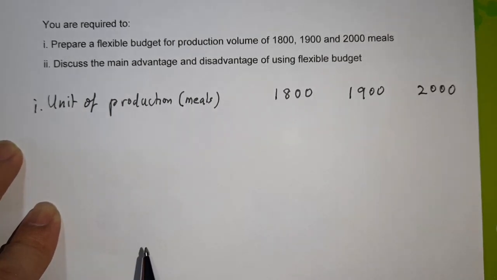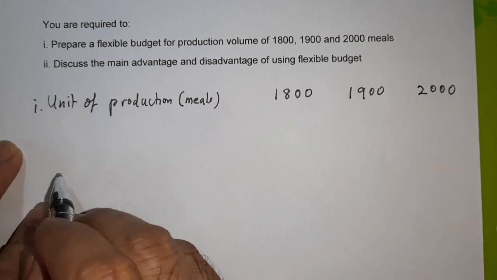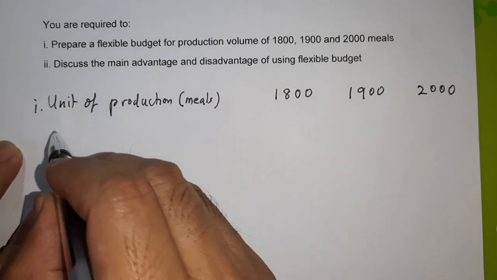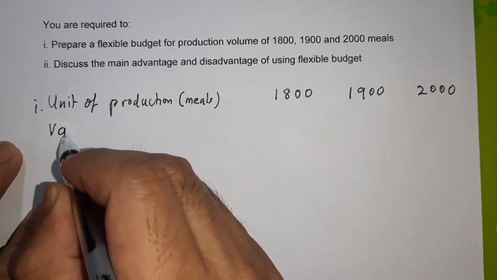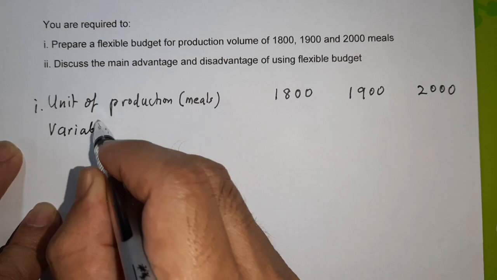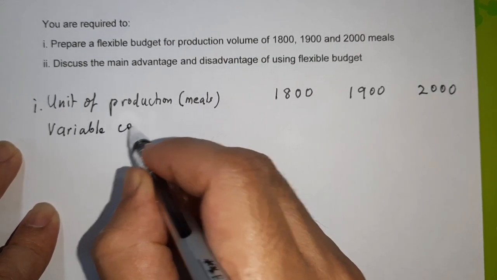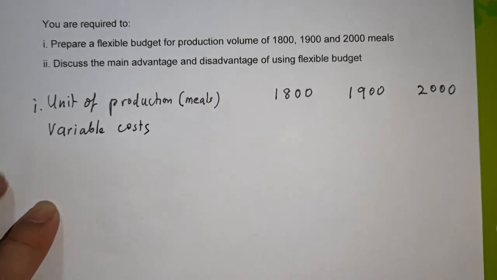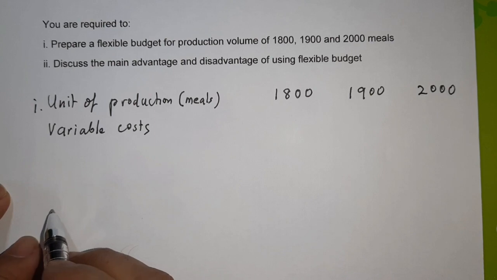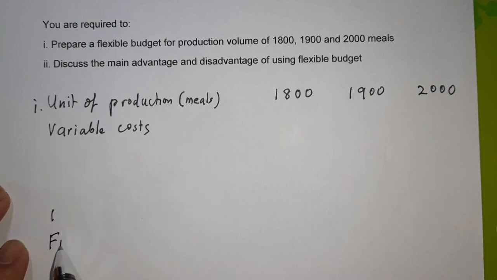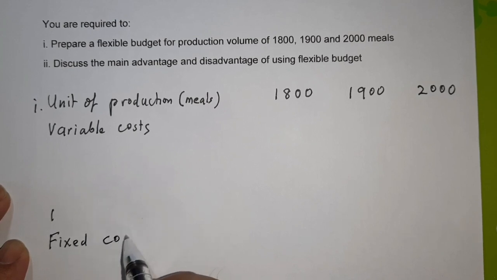Okay, the second thing is, in a flexible budget, you have to show the list for variable costs. You have to list the variable costs. And then you have to show the list for fixed costs.